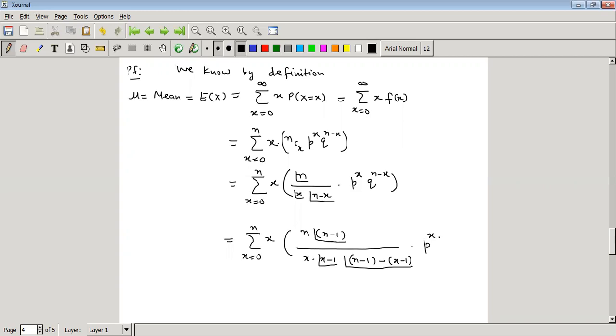So we can write this in terms of x minus 1. What we do, p into p to the power x minus 1. When bases are equal, powers are added, right? So it is again p to the power x into q to the power n minus x. We can again use this, because for n minus x we can write n minus 1 minus x minus 1.